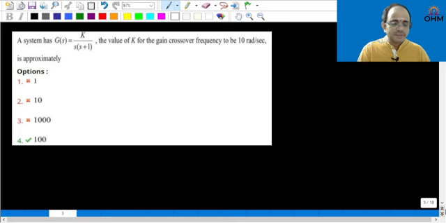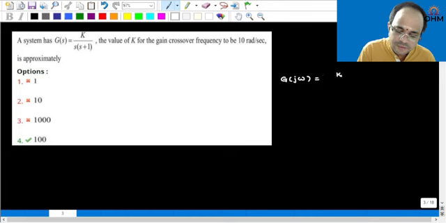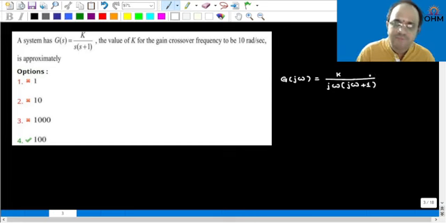A system has G of S equal to K by S into (S plus 1). What is the value of K for the gain crossover frequency to be 10 radian per second? Now, for this particular transfer function, write down the corresponding frequency domain expression, K by j omega into (j omega plus 1), by replacing S with j omega.